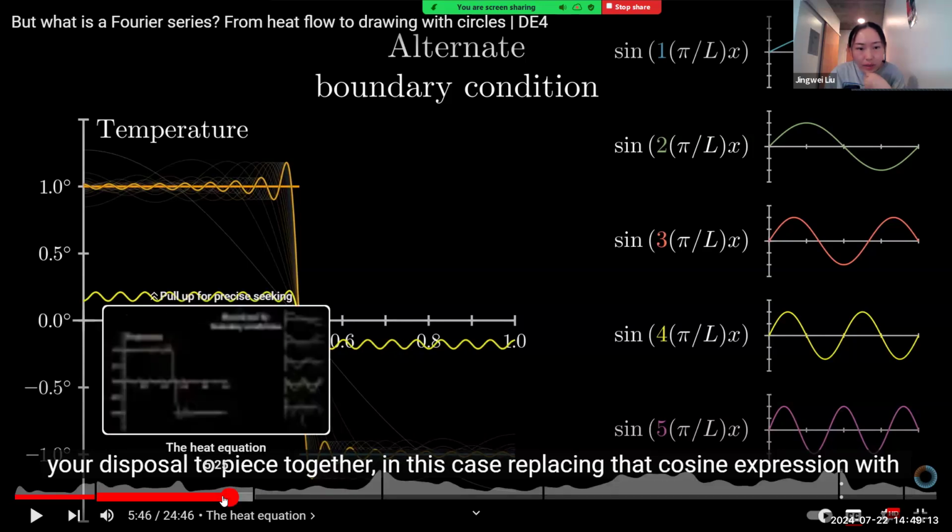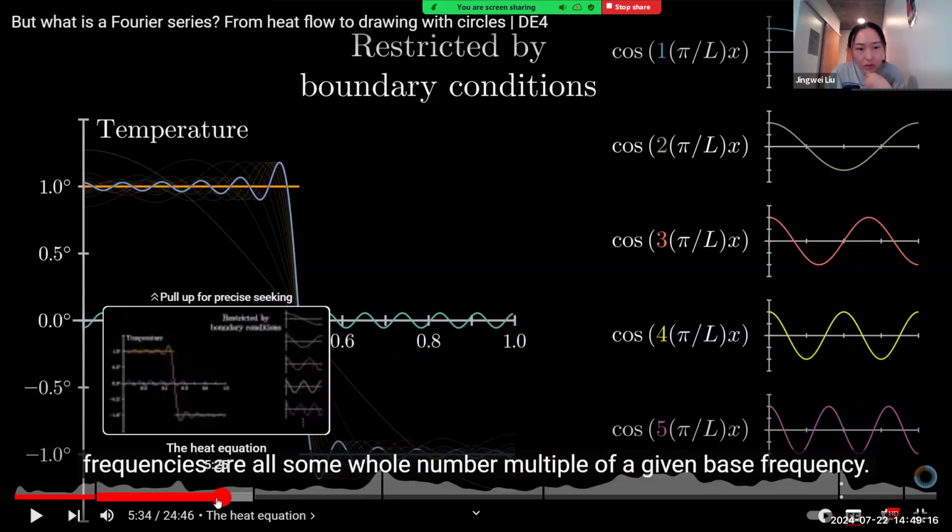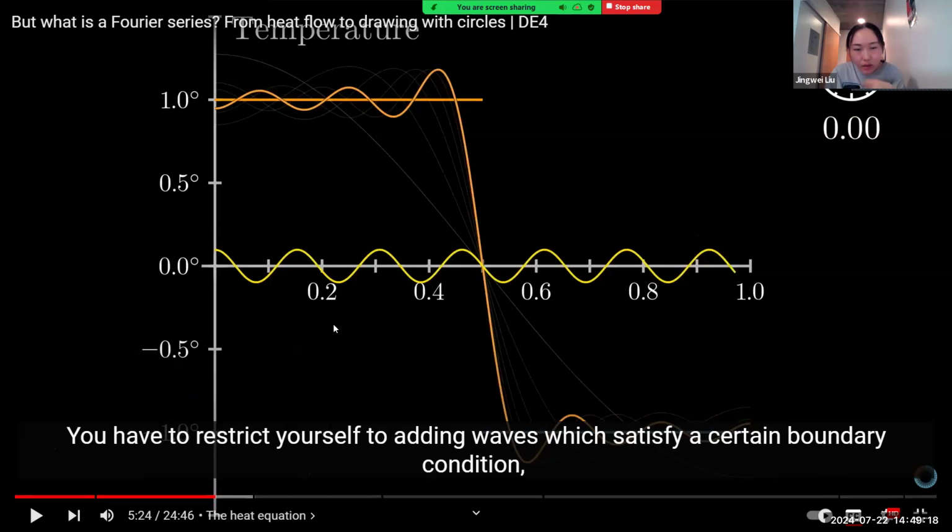So let me maybe replay this so you can see this animation again from the beginning. So here you can see this wave doesn't really start from 0. Therefore, this wave cannot really exist in this summation because it doesn't fit the boundary condition.